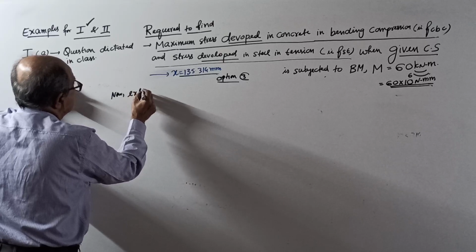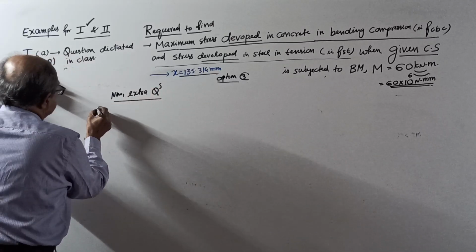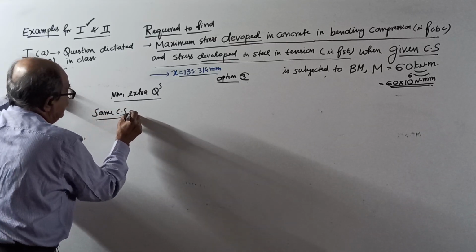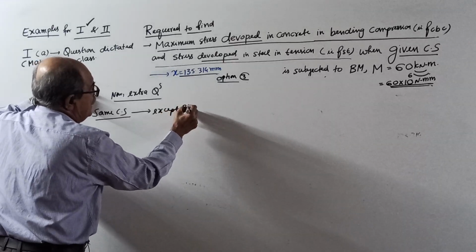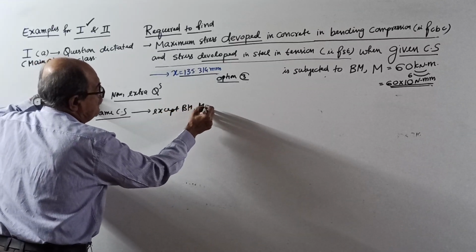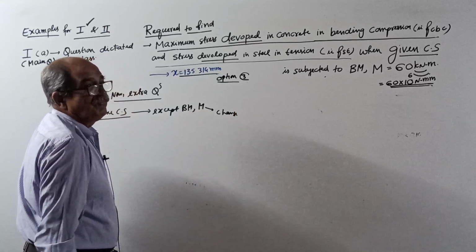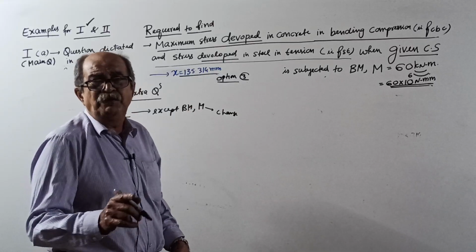Now see, extra questions. First I will write extra questions. Same cross section, everything same except bending moment M is changing. So X also will remain same. Only M will change.